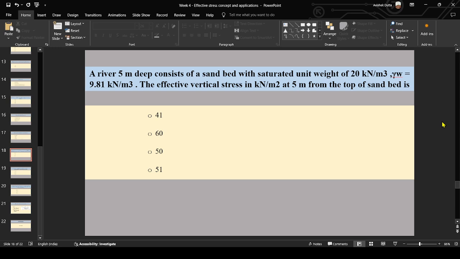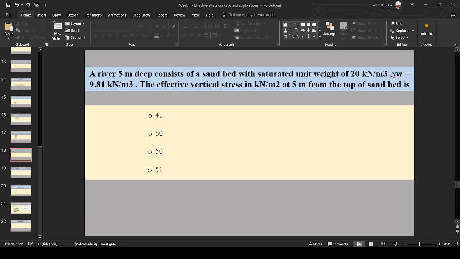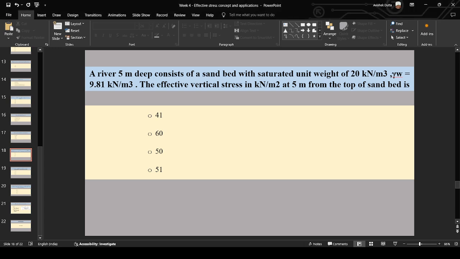The river is 5 meter in depth, and the soil, that is the river bed, is composed of sand, where the sand has unit weight of 20 kilonewton per meter cube. The unit weight of water is 9.81 kilonewton per meter cube.